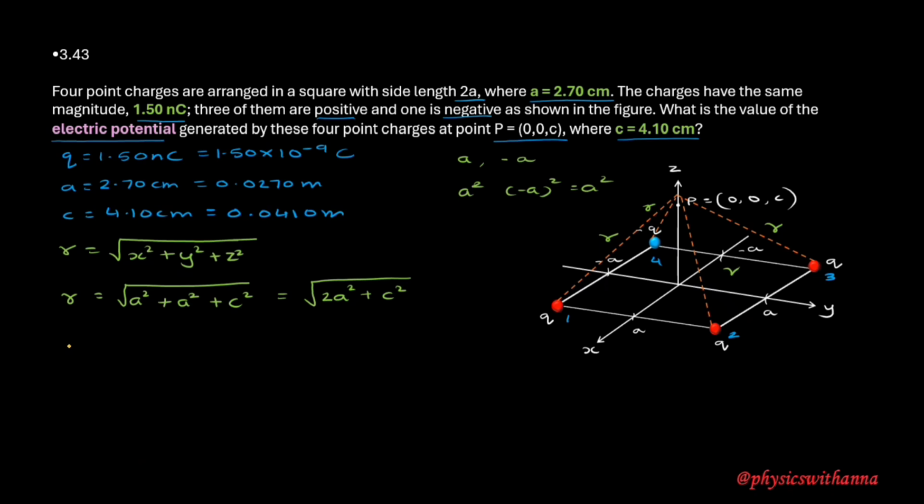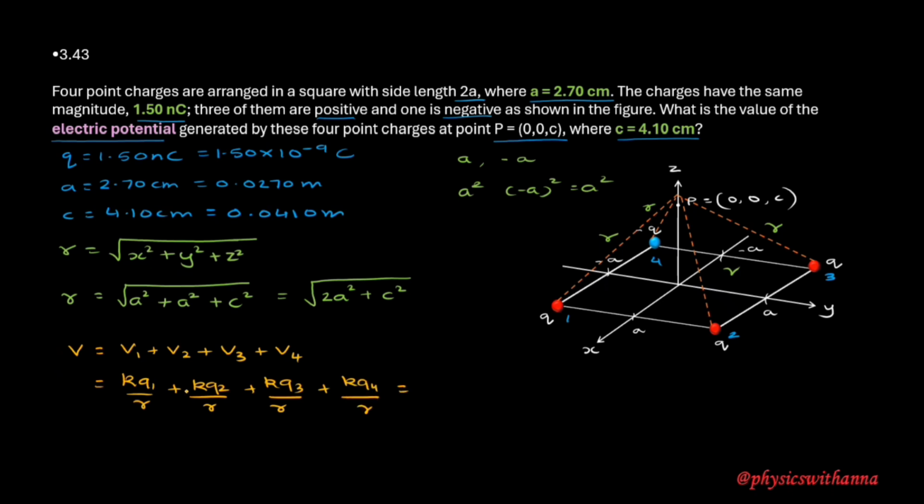Now let's find the potential at point P. We know that electric potential V is a scalar quantity. So if I want to find the electric potential at point P because of these four charges, I need to add the potential due to each of them at point P. So we get V equals V1 plus V2 plus V3 plus V4, which is equal to kQ1 over r plus kQ2 over r plus kQ3 over r plus kQ4 over r.